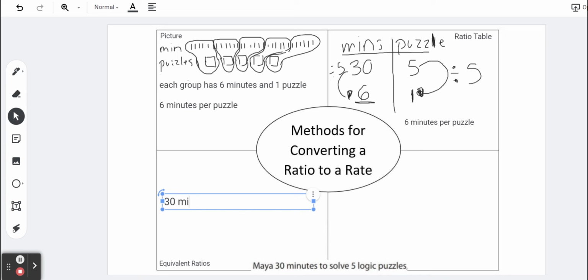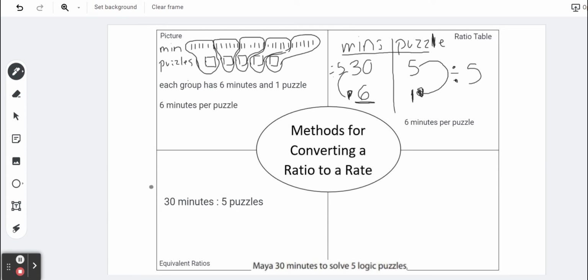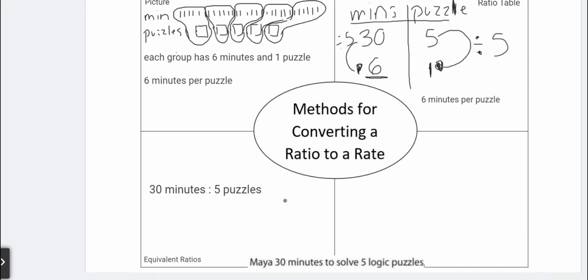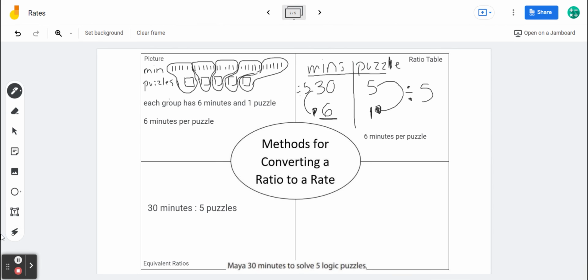So they tell us 30 minutes for 5 puzzles. So 30 minutes to 5 puzzles. And then just like in the table and in the picture, we need to complete this statement. So underneath this, they're asking us how many minutes for one puzzle.